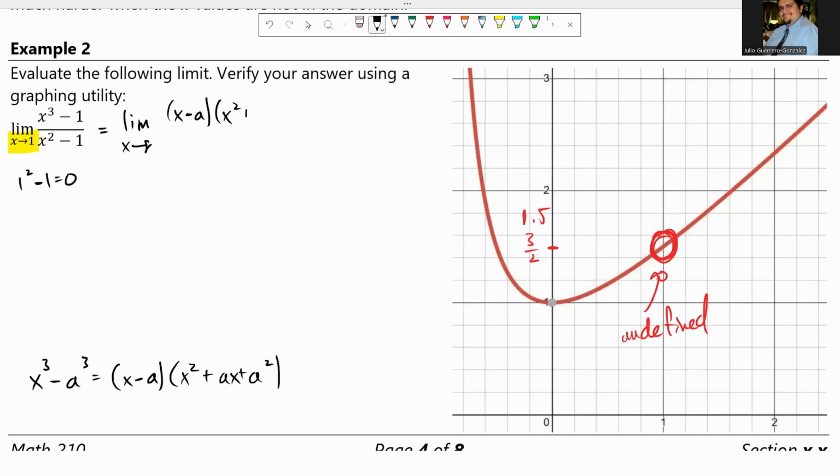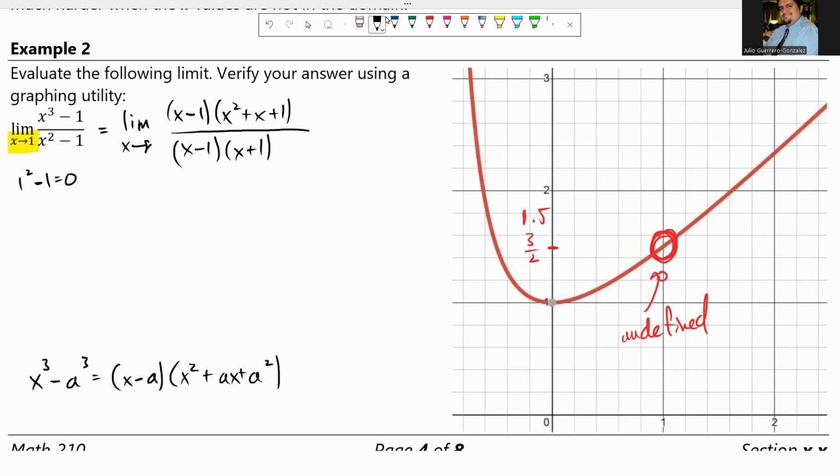The top factors to x minus 1 times x squared plus x plus 1, all over, and the bottom factors to x minus 1, x plus 1.